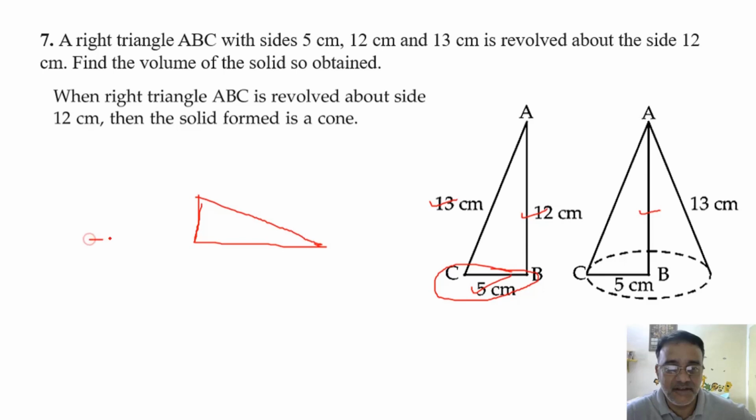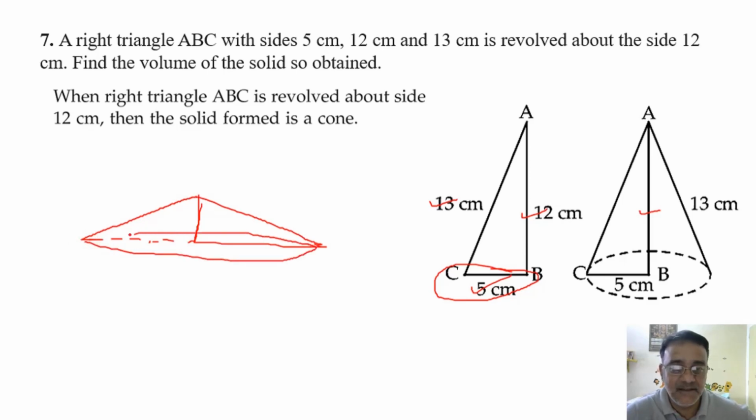Okay, so in that case also you will get a cone, but this is 5 and this is 12. In this case the height will be 5 and the radius will be 12. Whether this is clear? Yes, sir. Okay, so this is the case when we revolved around the 12 centimeter side, and this is the case when we revolved around 5.